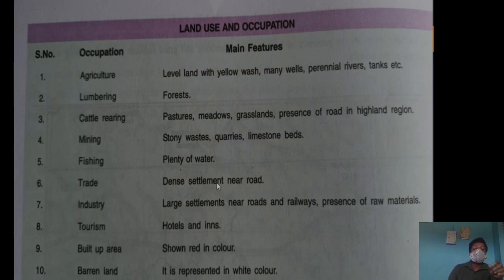Trade, dense settlement near roads. This is the main feature. Fishing means plenty of water. Water bodies there. There is fishing, one occupation. Mining is their occupation. Definitely quarrying, limestone beds, stone quarries.